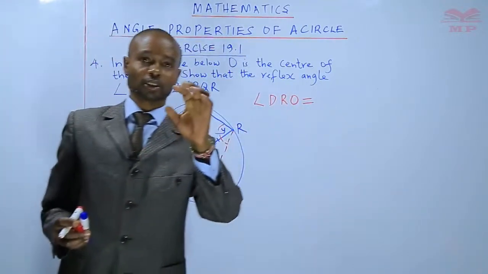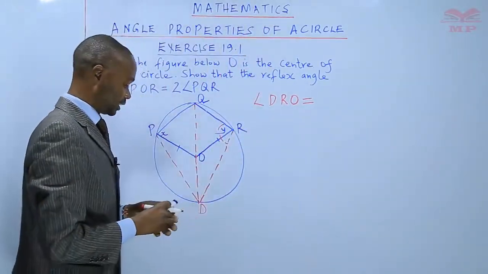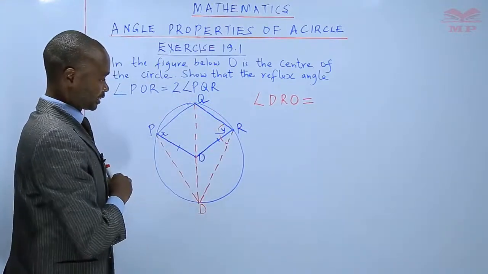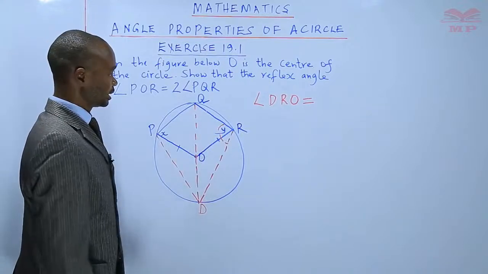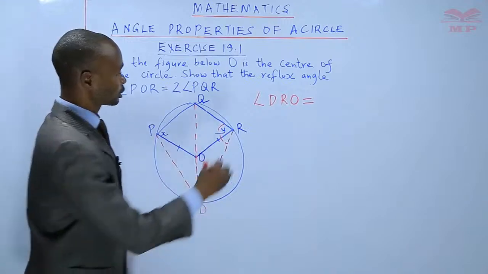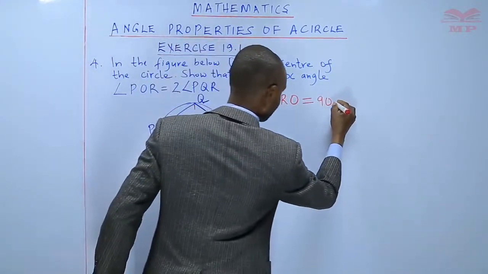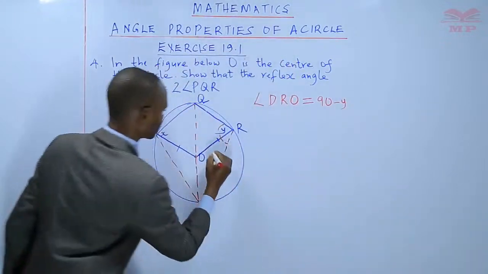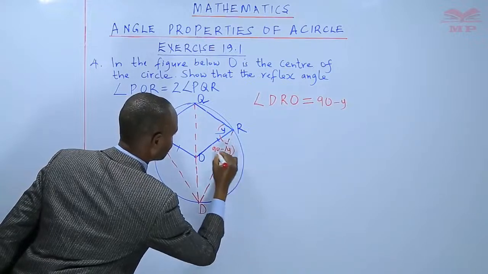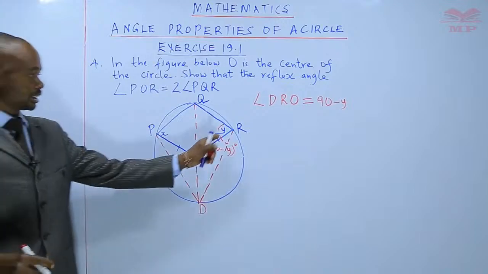Because I've already told you that the angle subtended by the chord QD, which is QRD, is equal to 90 degrees. So to get DRO, it will be equal to 90 minus Y. So I'll actually write here 90 minus Y degrees. That is angle DRO.